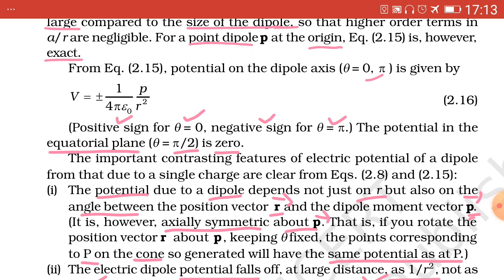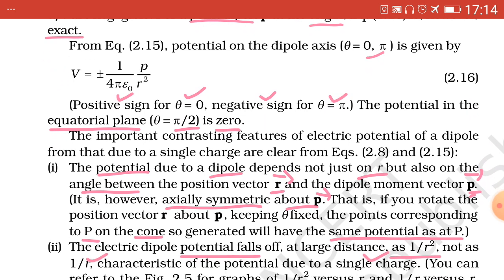When theta is equal to 0, the plus sign will appear, and when theta equals pi, the minus sign will appear, which has been tick marked in the description, and therefore both plus and minus are written in the equation, that is V equals plus or minus 1 upon 4 pi epsilon 0 P upon r square, which is the final answer.